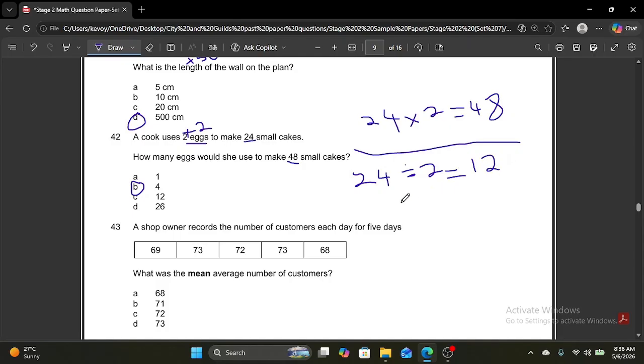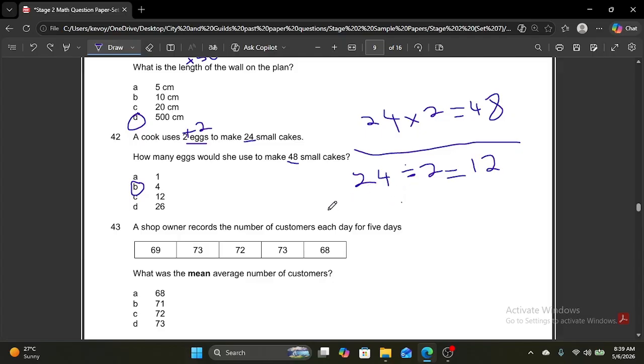So if 1 egg can make 12 cakes, that means you could also divide the 48 by 12. So 48 divided by 12, you could do that as well.